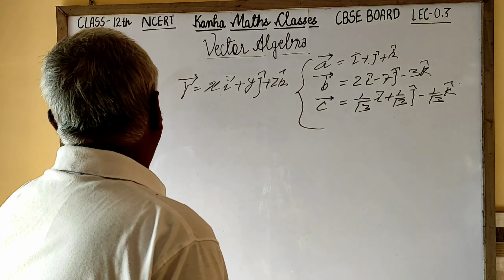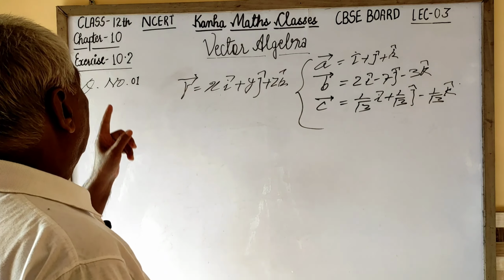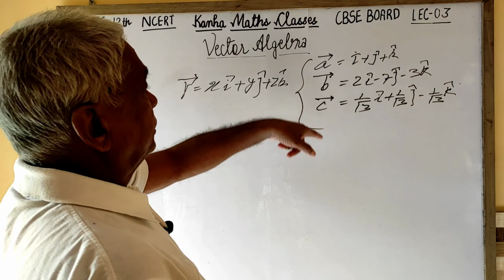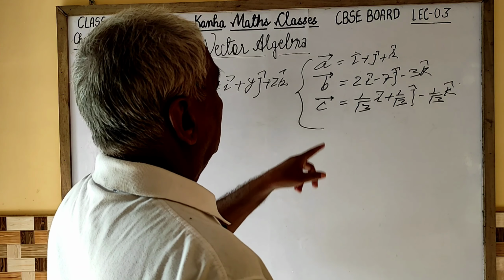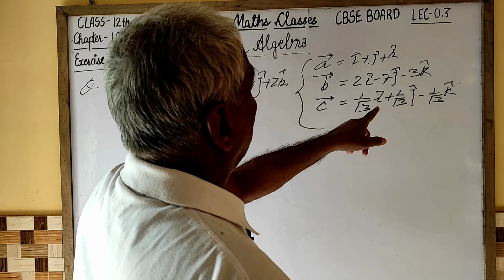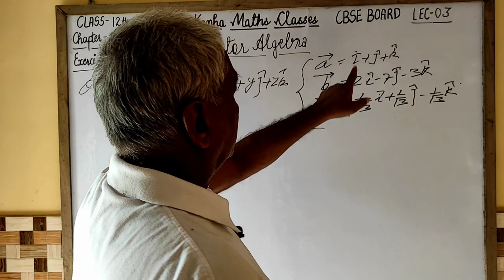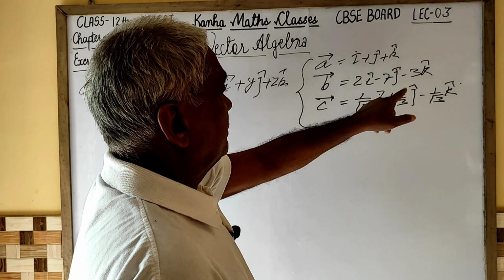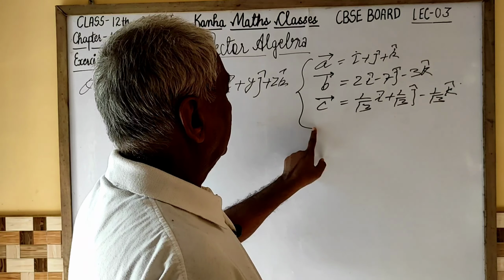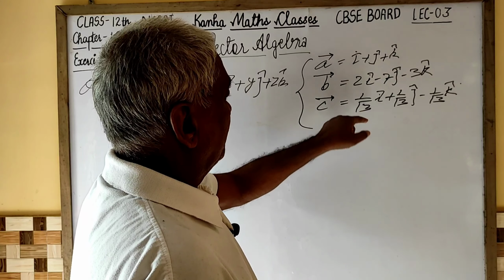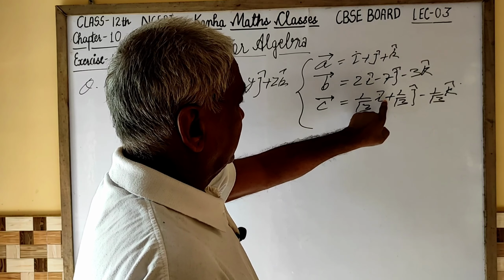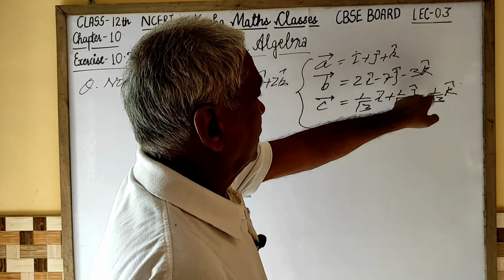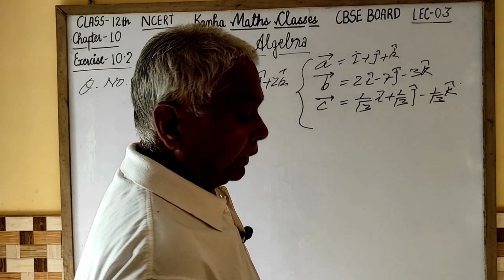Hence, here under Exercise 10.2, question number 1, you have been given three vectors. Vector A is equal to i plus j plus k, unit vectors. Vector B is equal to 2i minus 7j minus 3k, and vector C is equal to 1 upon root 3 i plus 1 upon root 3 j minus 1 upon root 3 k.